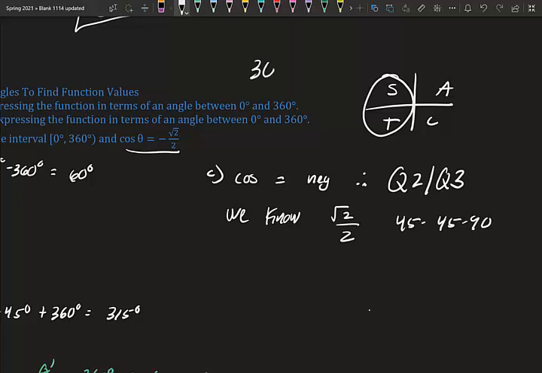Because 30, 60, 90 has the square root of 3 in there. Remember, 30, 60, 90 is 1, 2, square root of 3. 3 goes with 30. 45, 45, 90 is 1, 1, square root of 2. So that's how we get square root of 2 over 2, and we know it comes from a 45, 45, 90 triangle.